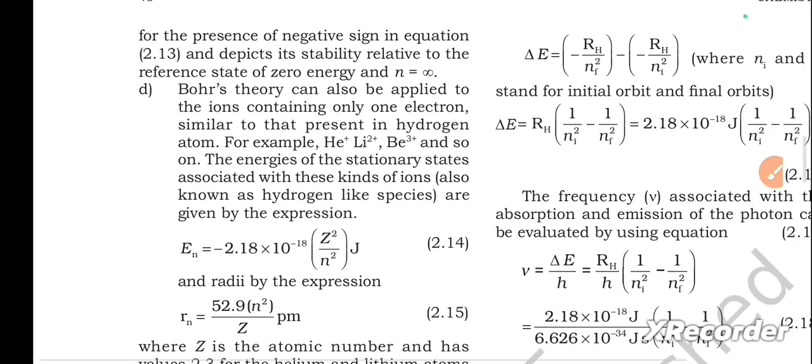Next, fourth point. Bohr's theory can also be applied to ions containing only one electron, similar to that present in the hydrogen atom, for example helium, lithium, beryllium and so on.